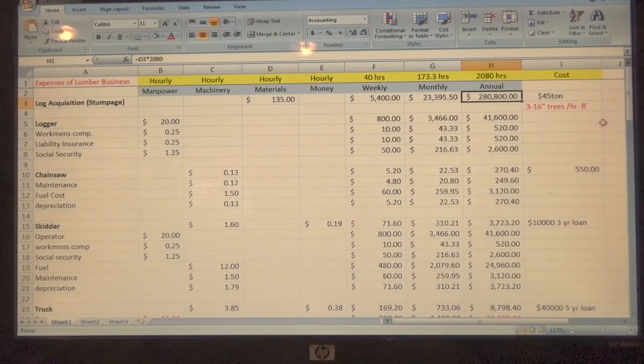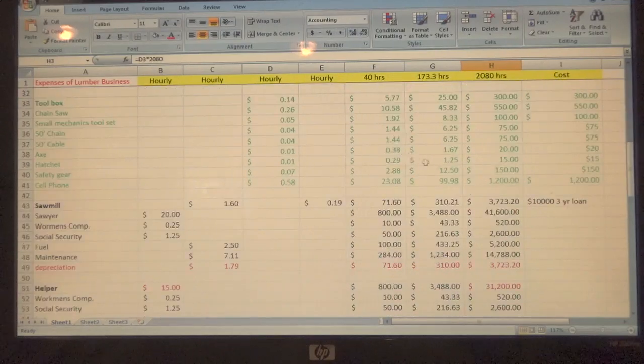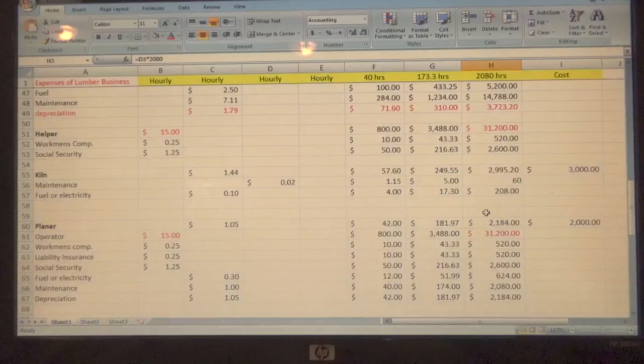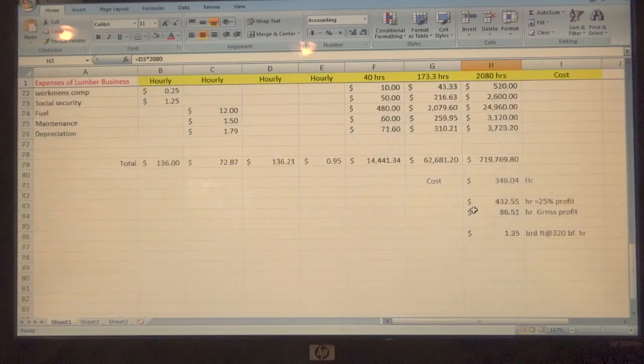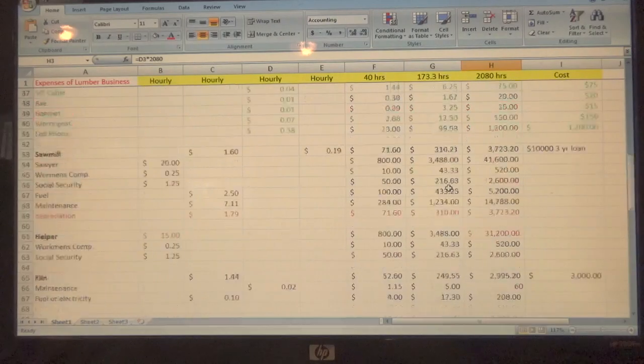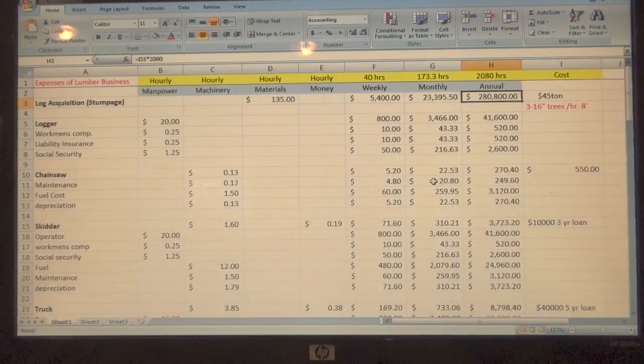One of the other things I wanted to say, now this is becoming a big business here. If you look at it, you're talking gross receipts here of $719,000. It's $750,000 almost, and you need to realize just how much things start to cost you after a while.